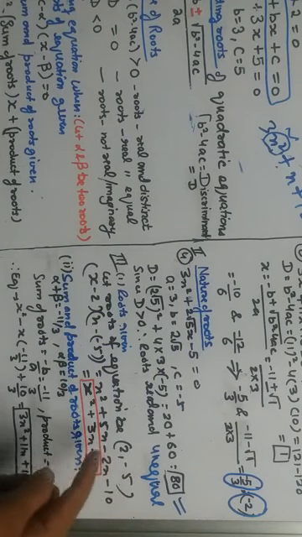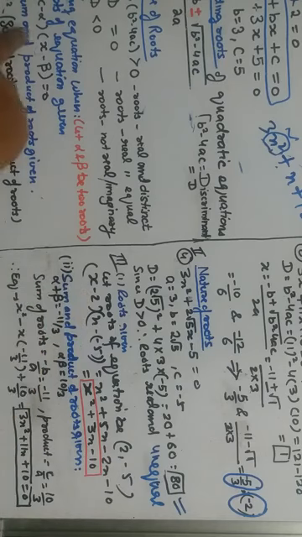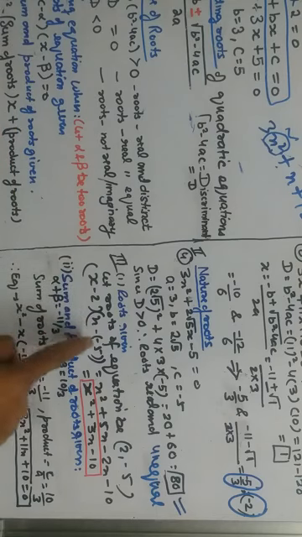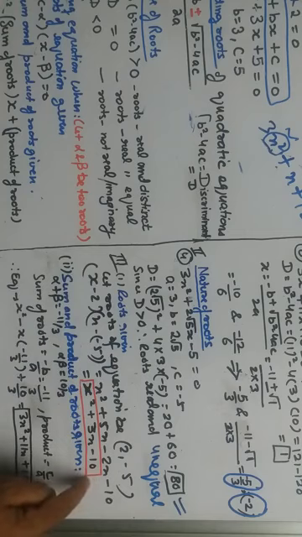This question is given in the exercise. What we have to do is: x minus the first root, as we just discussed on the left side, x minus alpha and x minus beta equals 0. So x minus the first root into x minus the second root, open the bracket, and we get the quadratic equation.